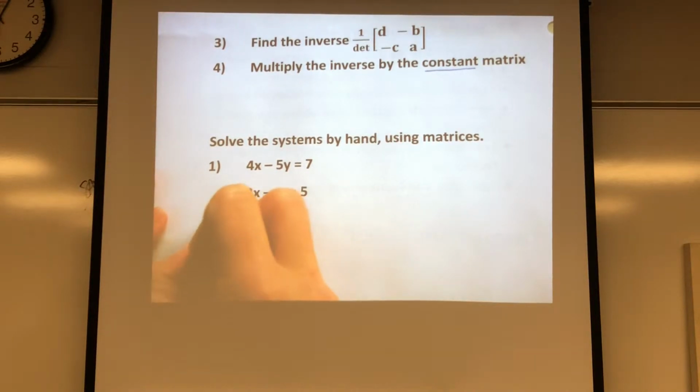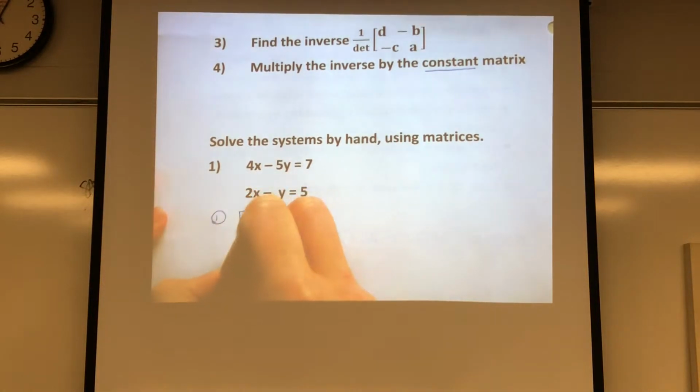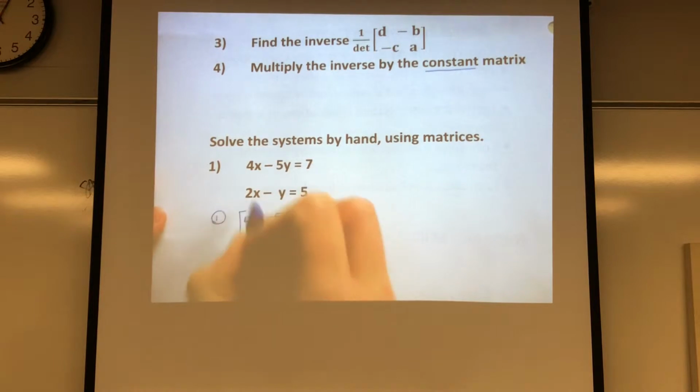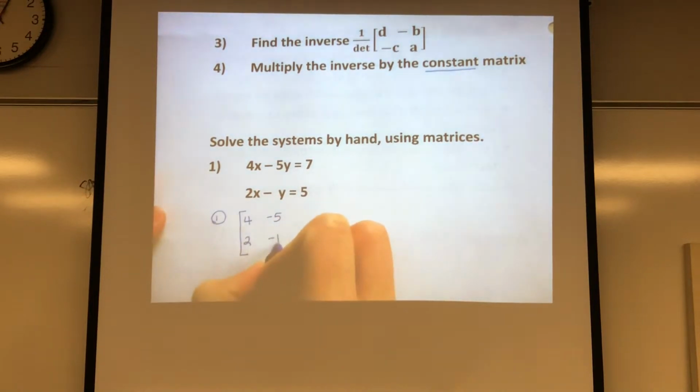So step 1 was to write your coefficient matrix. So we're going to take the coefficients of these variables, 4, -5, 2, and -1. Okay, then step 2 is to find the determinant.